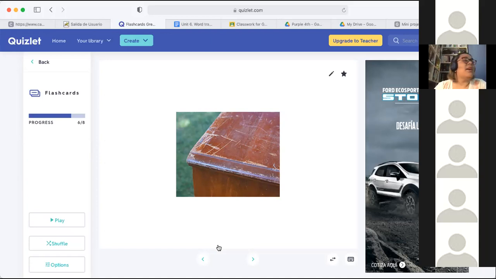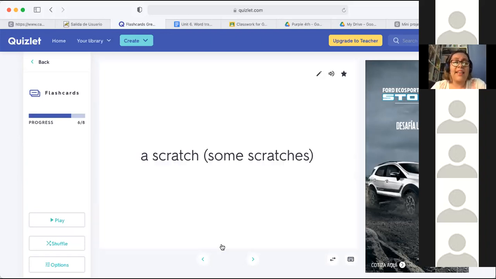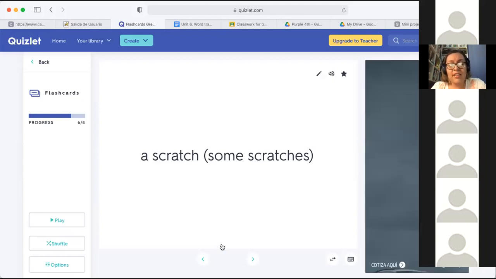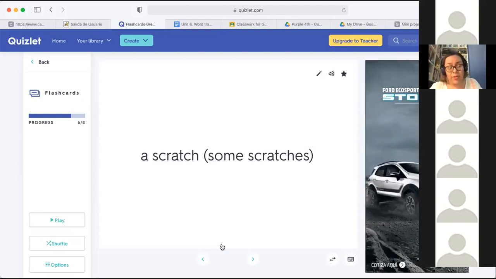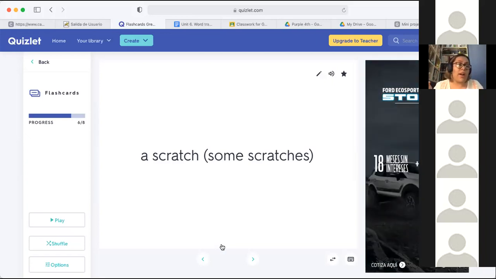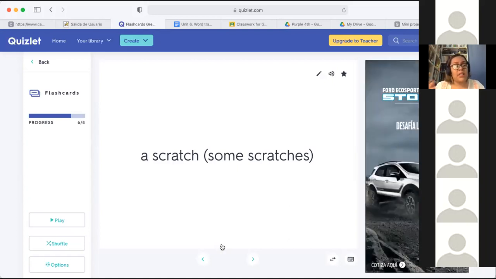It's super similar. It is a scratch. Again, this one could be singular or plural, because that's a characteristic of nouns. Most nouns, the majority of them, can be either singular or plural. All right, so scratch, scratches, chip, chips, a leak, leaks, etc., etc.